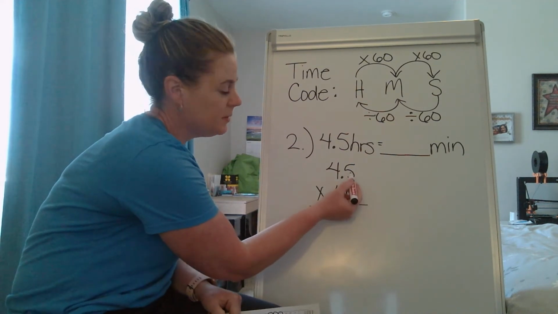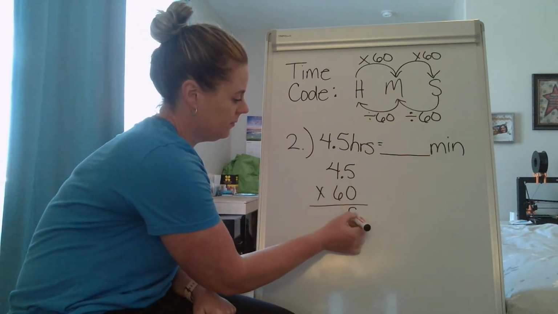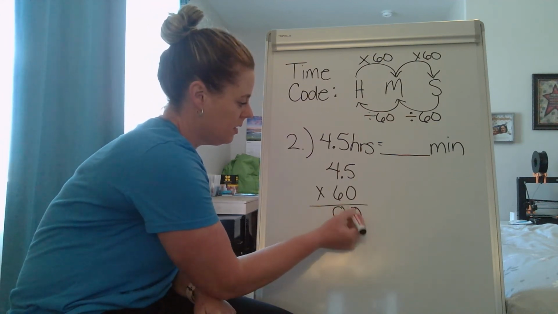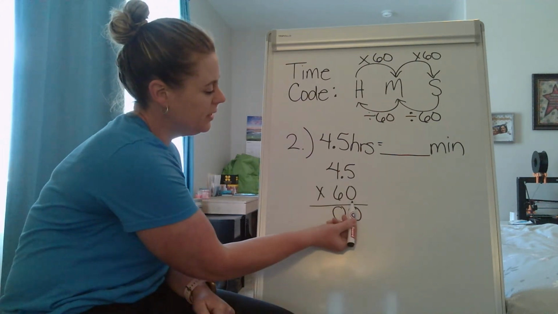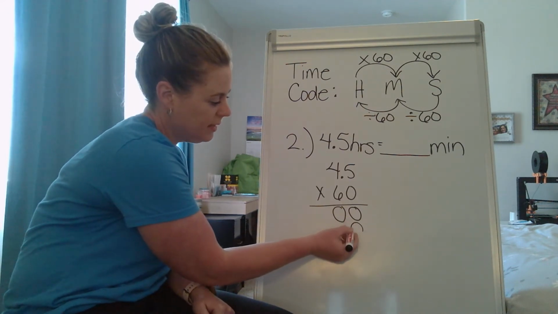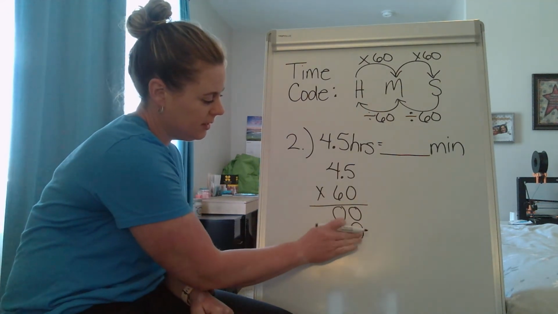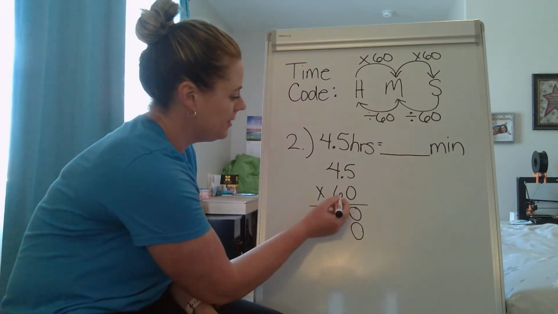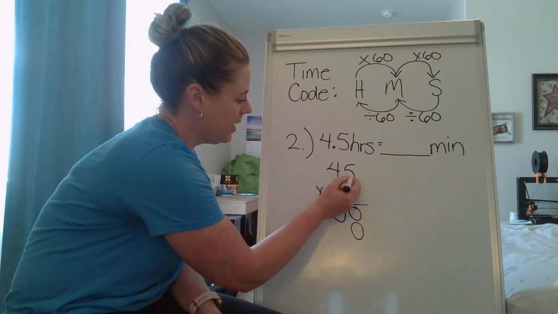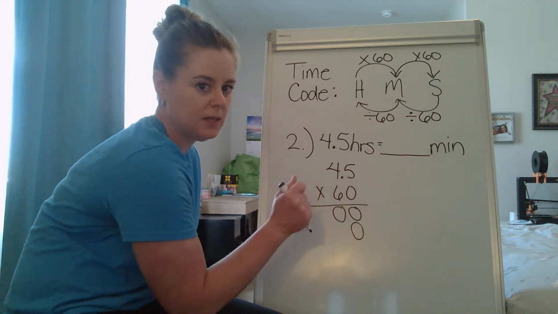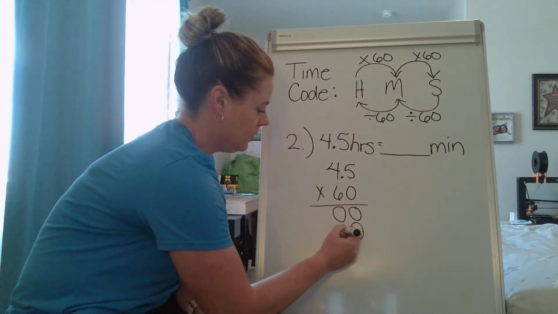So 0 times 5 is 0. 0 times 4 is 0. Because we're moving over to the tens place, we have to hold that tens place. We'll drop down to the next row. We have to hold that tens place with the 0. And then we go 6 times 5. 6 times 5 is 30.